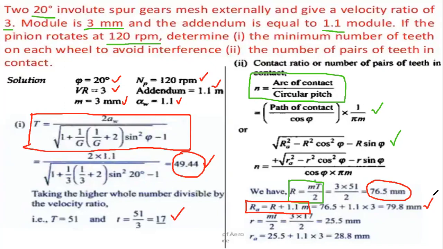Then the smaller r can be taken as module into thickness by 2. So that is the formula for small r.